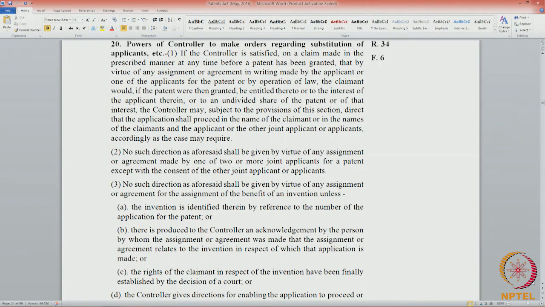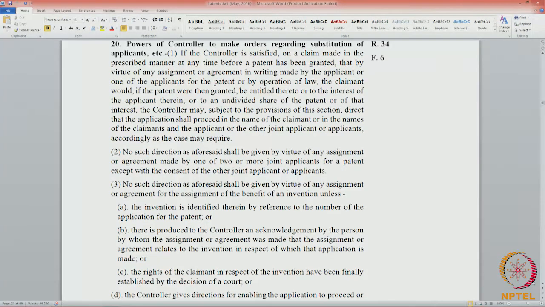23. No such direction as aforesaid shall be given by virtue of any assignment or agreement for the assignment of a benefit of an invention, unless A, the invention is identified therein by reference to the number of the application.